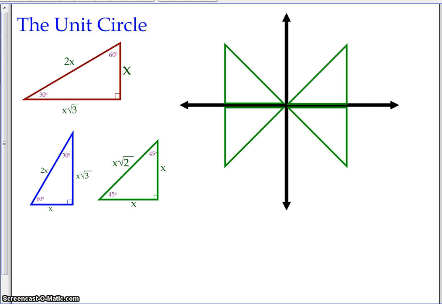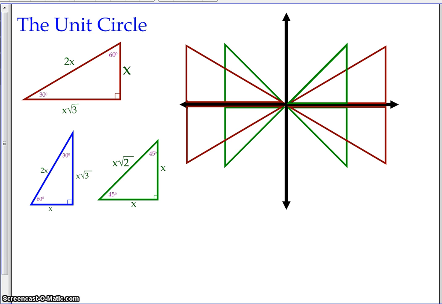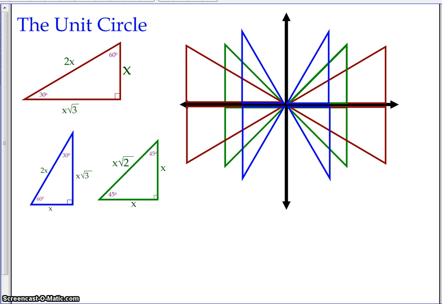And there are those angles. The next thing we're going to look at is, what about a 60 degree angle? There's the 30 and the 45 together. Now let's see what happens if we have a 60 degree. The blue, if you remember, are our 60-degree angles. The green was 45 degrees, and the red was 30 degrees.